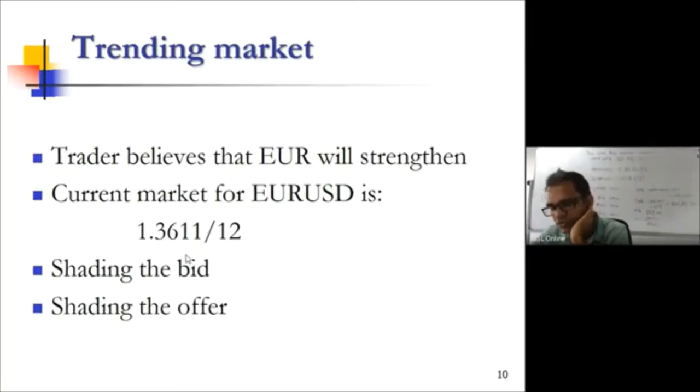So you slightly increase the bid up. If everybody is going to do that, that's how exchange rate goes up. That is what we call shading the bid. You increase the bid up while increasing the offer as well, because you don't want to quote lower than this on the offer side in this scenario.